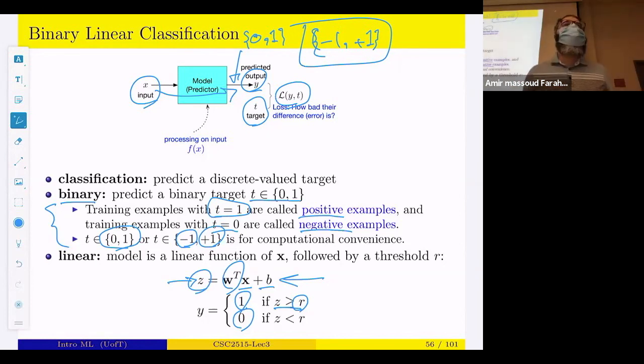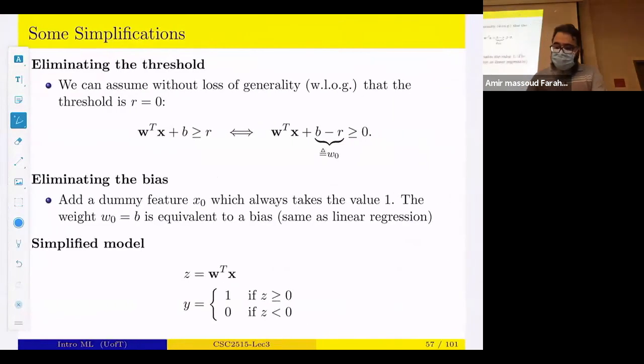Yes. Is there a threshold hyperparameter? The threshold? Actually, in the next slide, I'm going to get rid of the threshold. So it could be a hyperparameter, but we are getting rid of it, so we don't have to worry about it. But this is essentially saying, if Z is larger than 10.5, it would be 1. But to simplify things, I mean, why 10.5? Okay, so we want to eliminate the threshold.